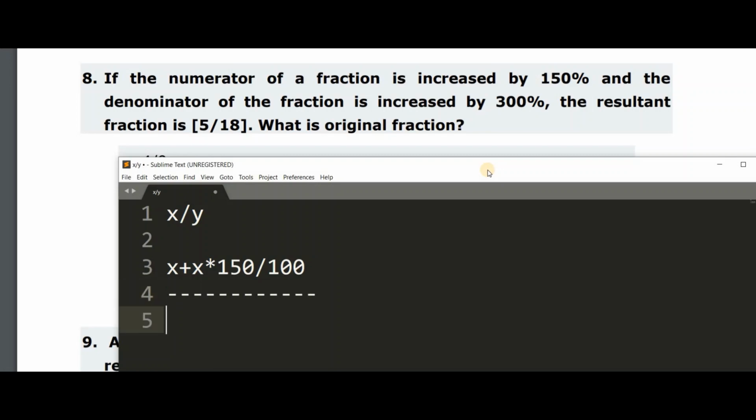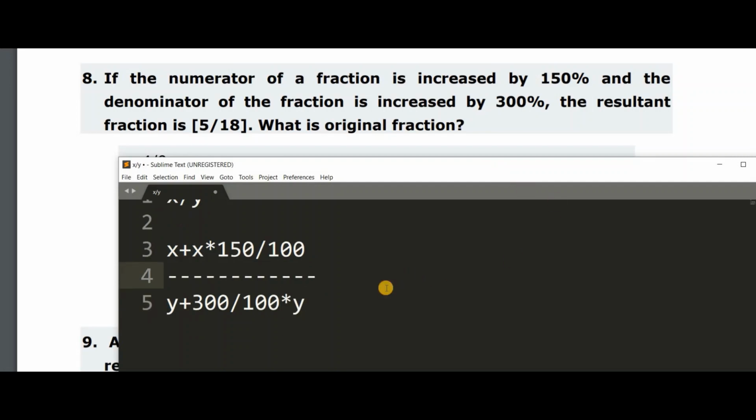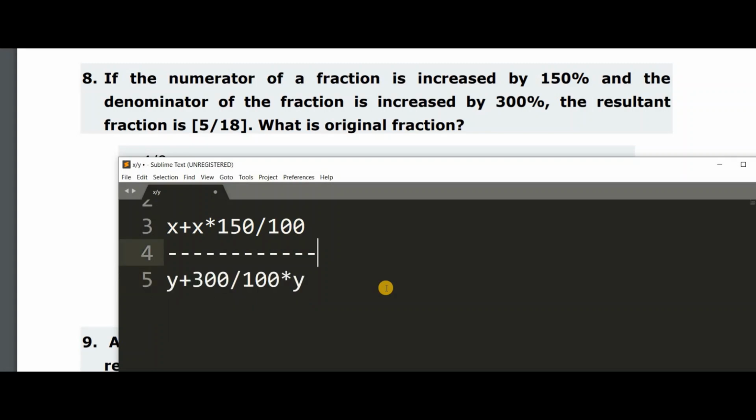Next they have increased the denominator by 300%. So y plus 300 by 100 into y. So this total value is 5 by 18. They have given 5 by 18.